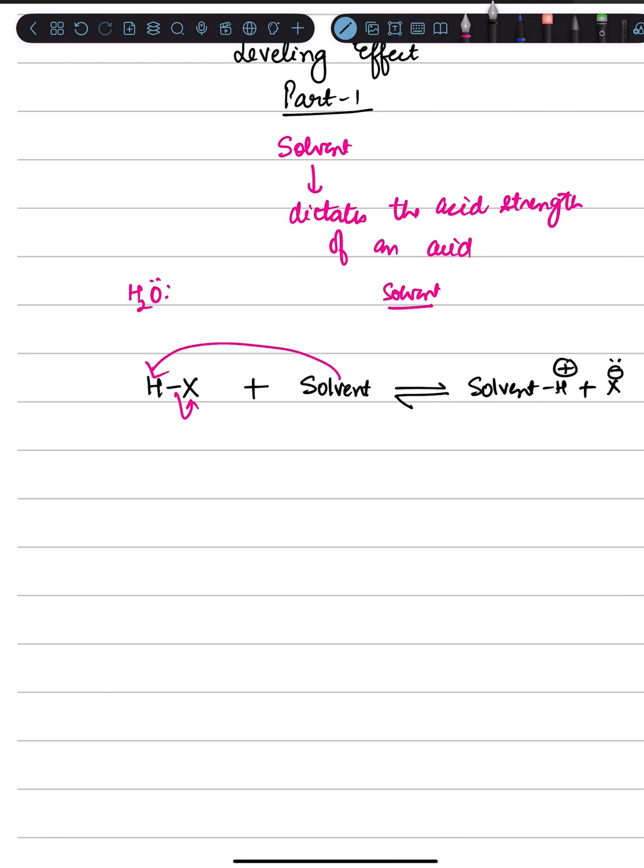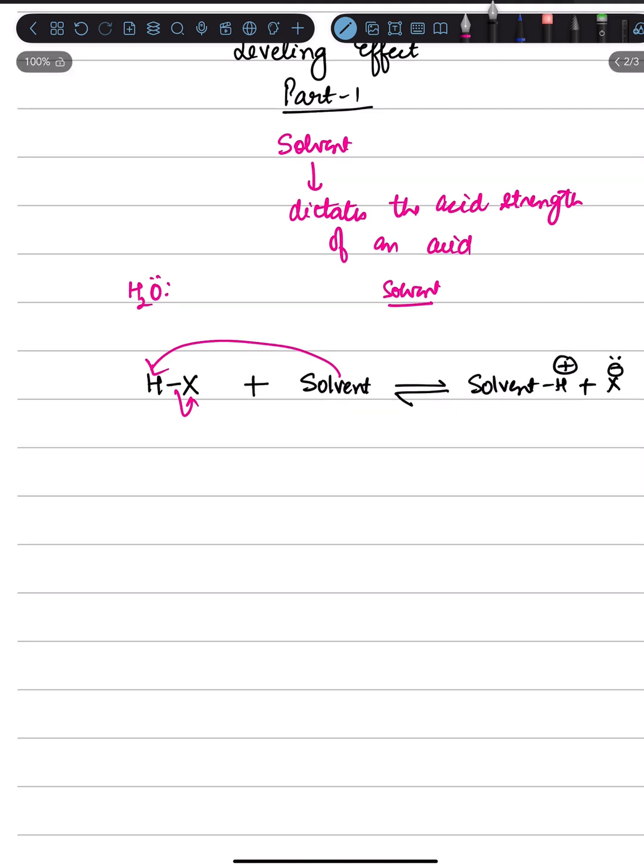Now if you want to know the acid strength of HX, it would be determined from the equilibrium constant for this reaction, of the dissociation of HX. If the equilibrium constant is bigger, it means that the forward reaction is favored, which means the solvent's basic strength is quite high, it will abstract the proton and convert the acid to its conjugate base.